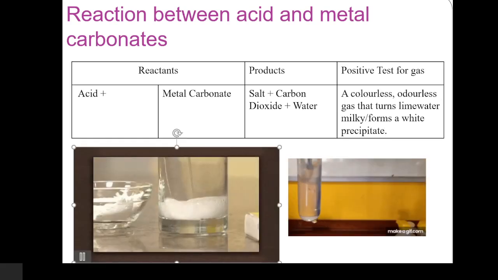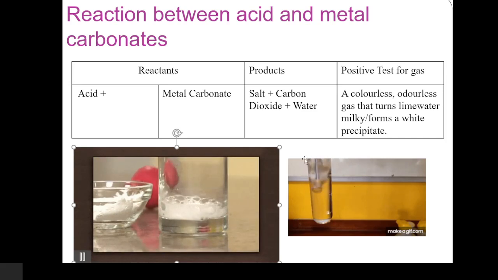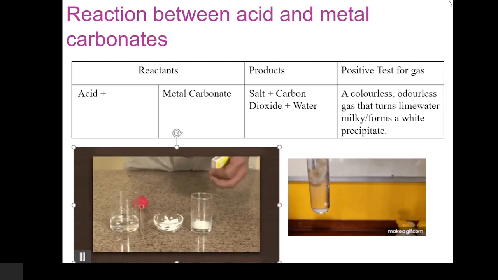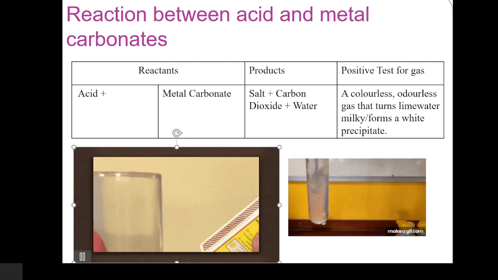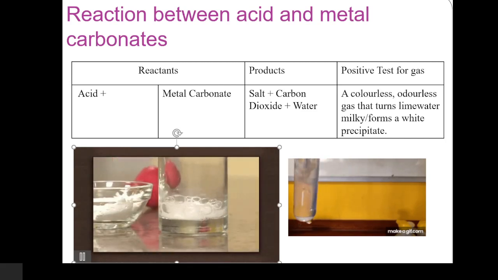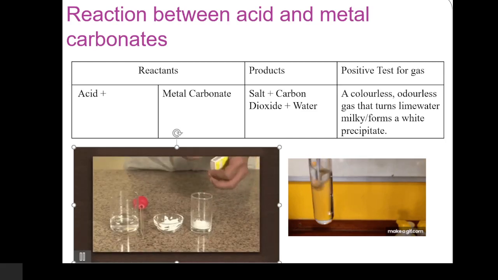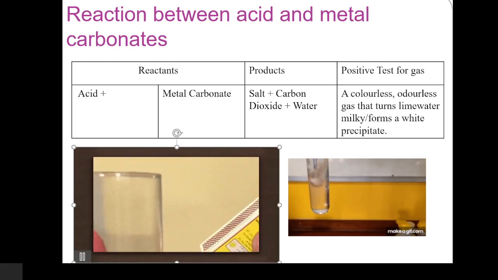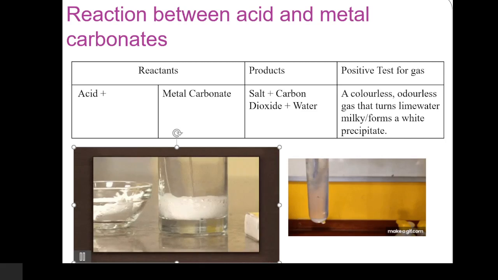I'll talk about that after we look at this diagram where you see the carbon dioxide being bubbled into the lime water. You may be able to see that it faintly becomes milky, right? And this is the white precipitate that is formed, which indicates that carbon dioxide is present.